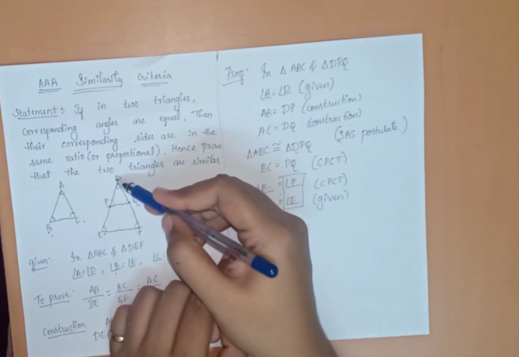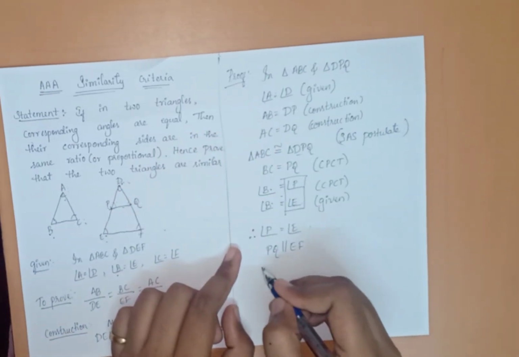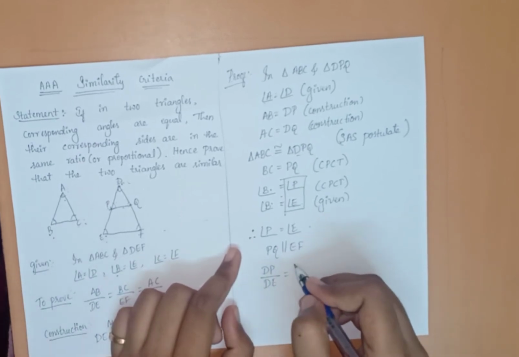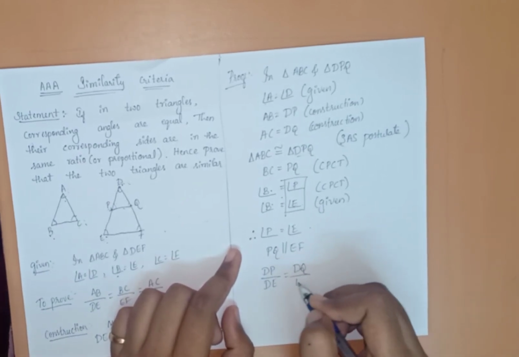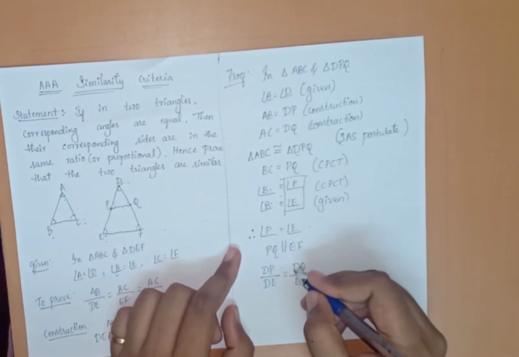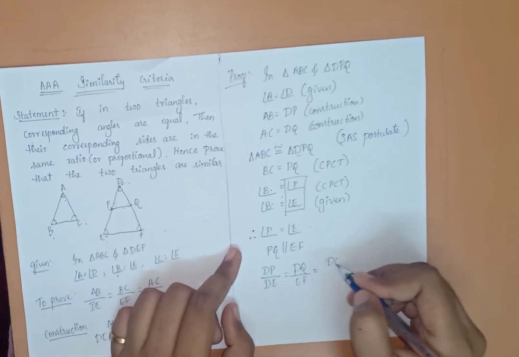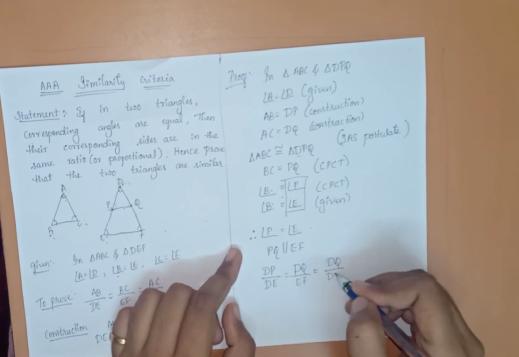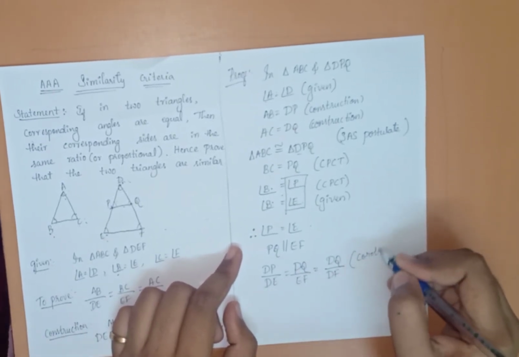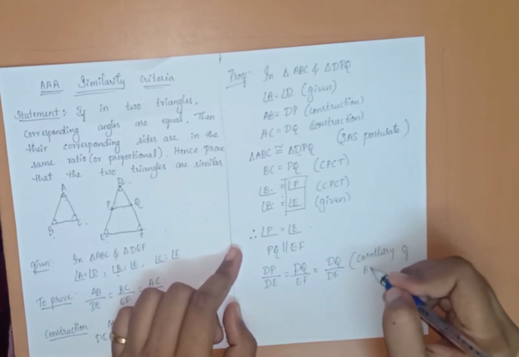So we can say DP divided by DE is equal to PQ divided by EF and DQ divided by DF, by the corollary of the BPT theorem.